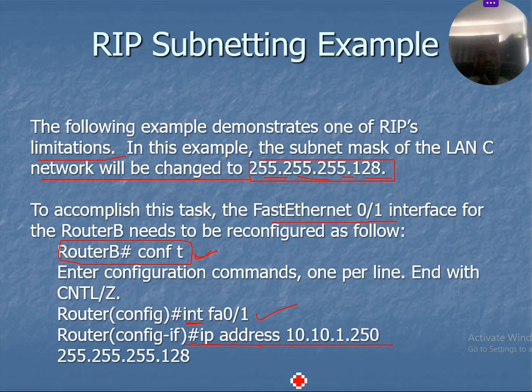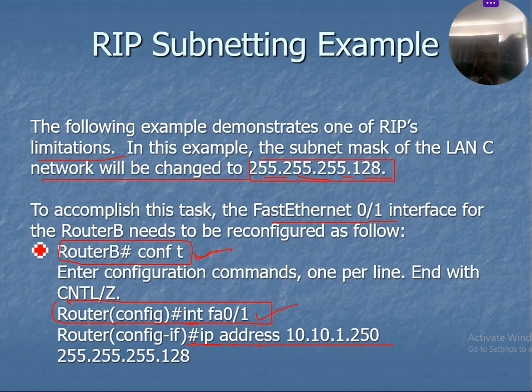So you start by configuring the terminal, Router B# config terminal. Then you go to the next line for the second command, Router(config)# interface FastEthernet 0/1. This is the second command.